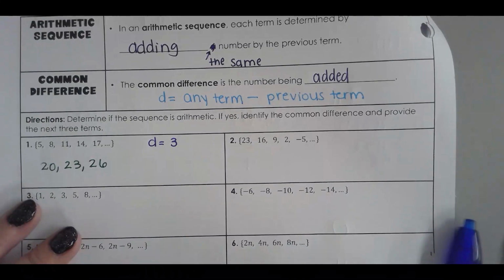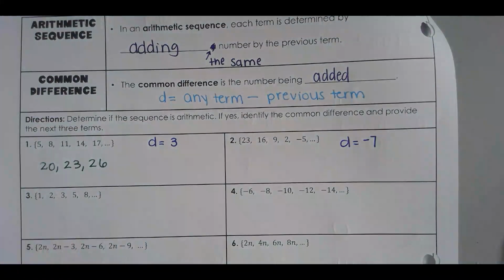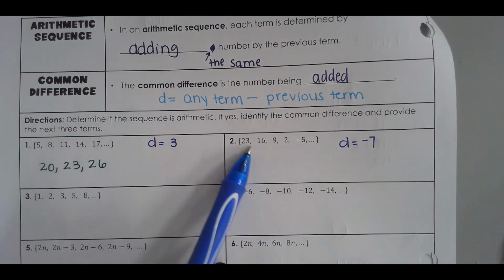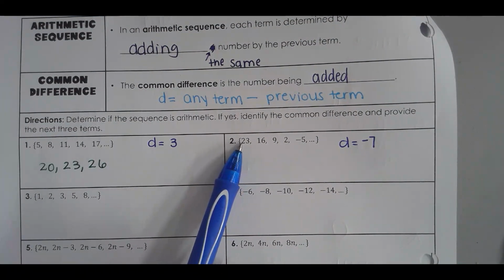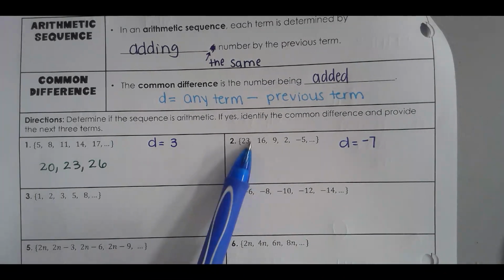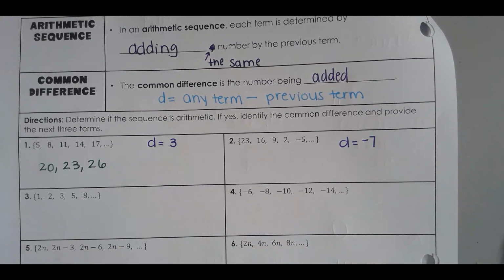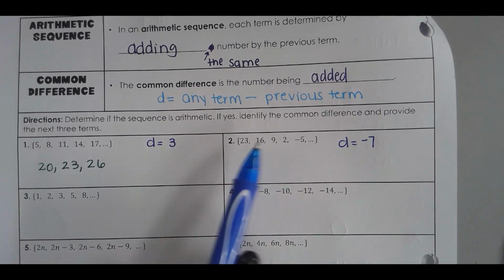So my common difference is -7. So what would my zero term be? 30. Yep. If I wanted to go previous to 23, it would be 30, because 30 minus 7 is 23.